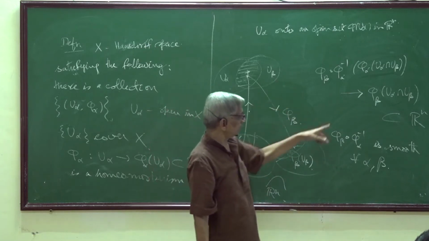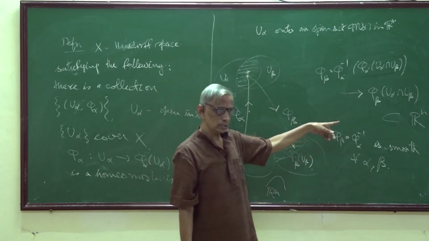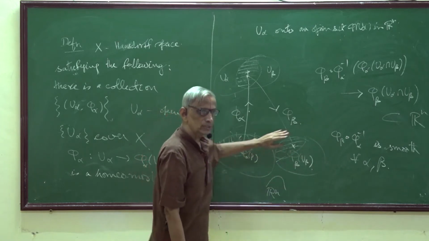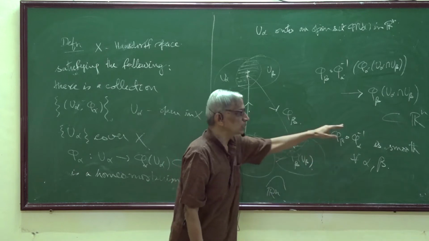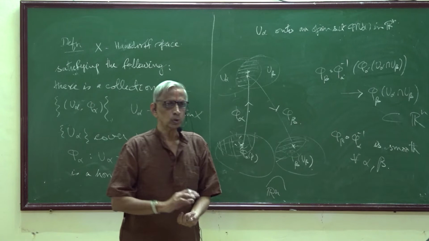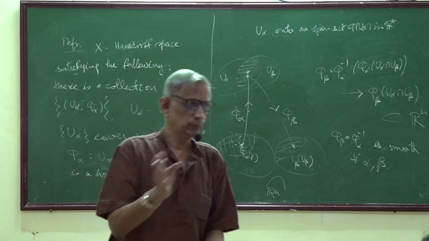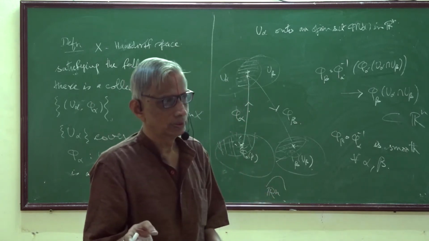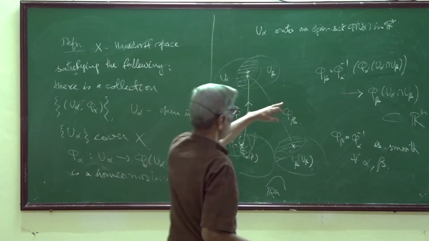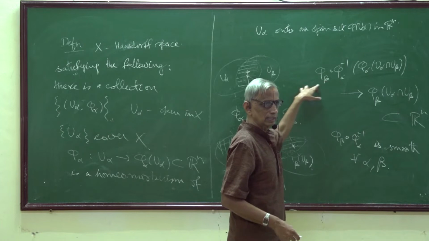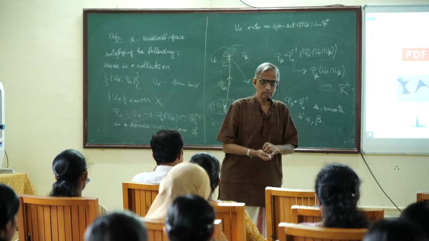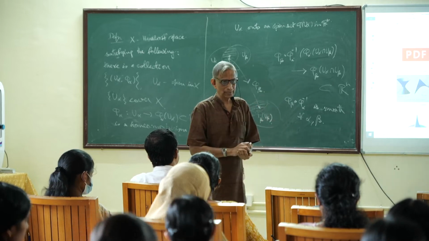So what this condition is trying to do is to say that going from this set of coordinates to this set of coordinates is a smooth function. Right? So, a smooth transition from one set of coordinates to another set of coordinates. So maps like this are called change of coordinate maps or transition maps.